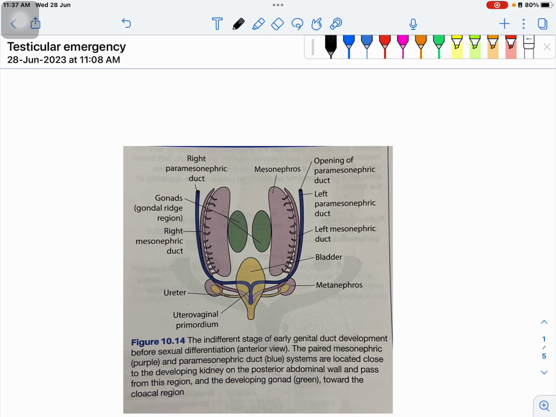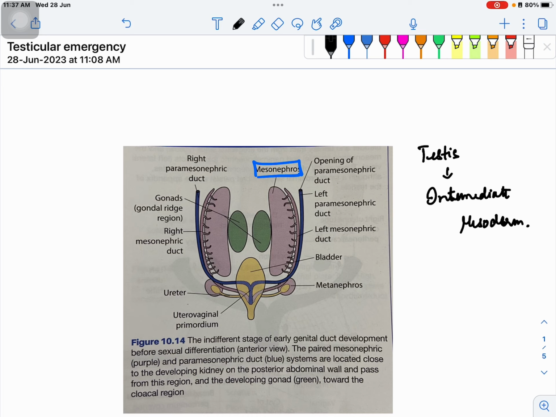It is from the intermediate mesoderm, and it's medial to the mesonephros. That's a question which can be asked in the future as a part of your embryology.